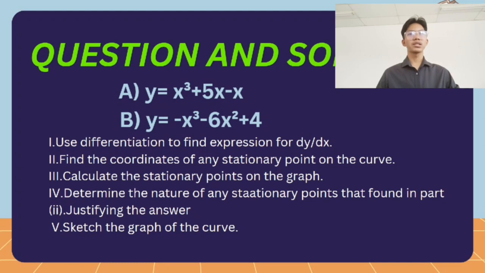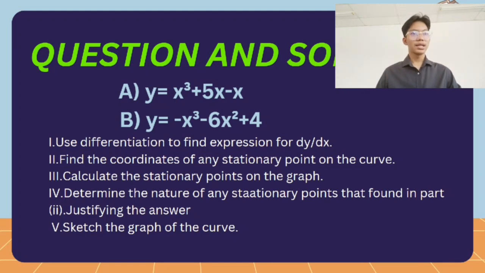The first question is y equals x power of 3 plus 5x power of 2 minus x. The second question is y equals negative x power of 3 minus 6x power of 2 plus 4.